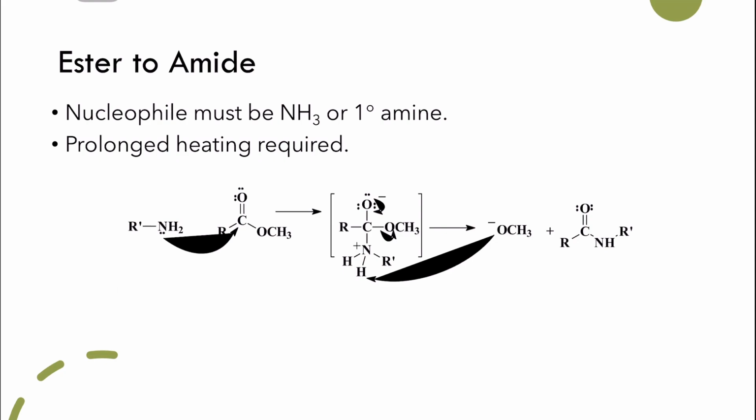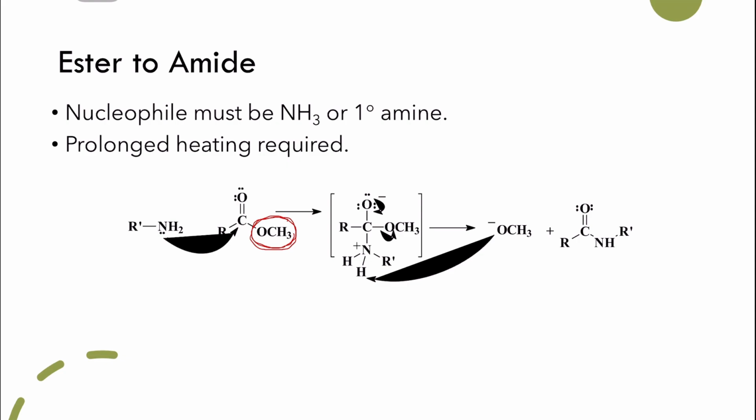The third one in the reactivity series for the acid derivatives is the ester. So following the anhydride, the ester is the third most reactive. The ester can only be converted either to an amide or to a carboxylic acid. For ester to amide, it's the exact same mechanism again, but instead of the carboxylate or the chloride as a leaving group, we're going to have the alkoxy group, methoxy or ethoxy depending on which one.